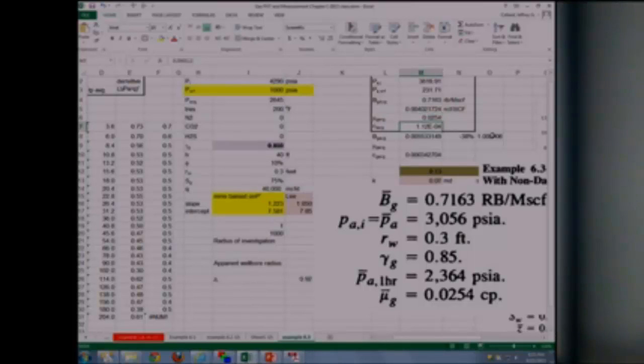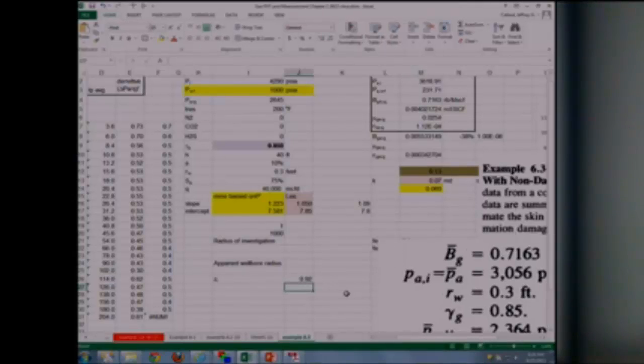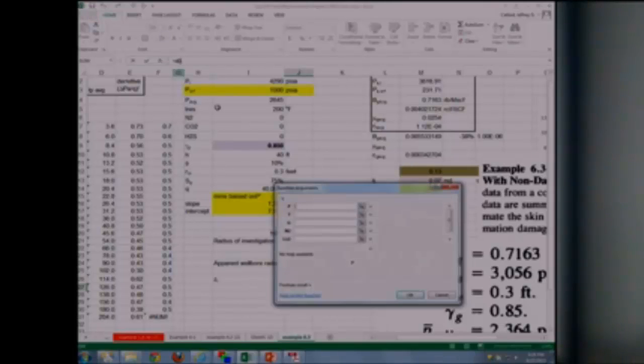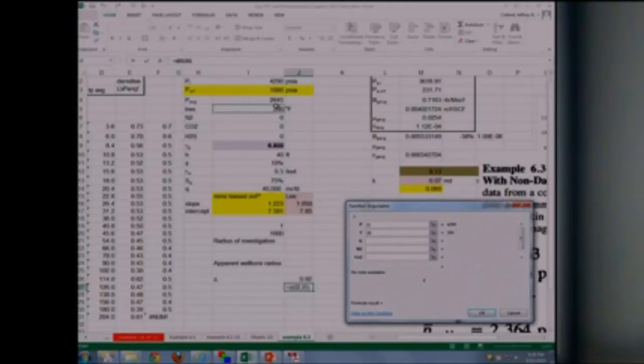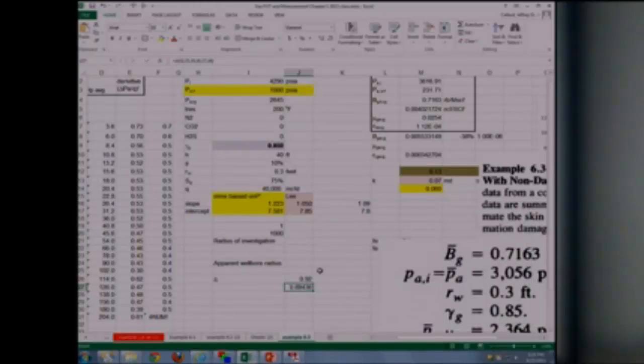Okay, let's do some checks. What would I get for ZI? At 4,200, 200 degrees, 0.85, and 0 impurities. Not forgetting to scroll down to get H2S. I get 0.89.